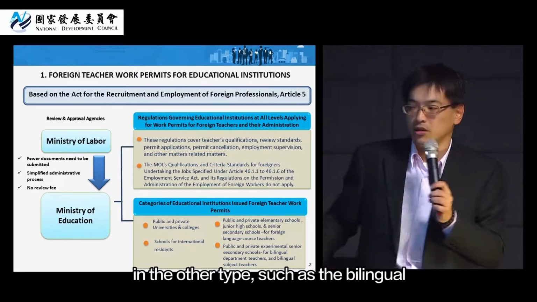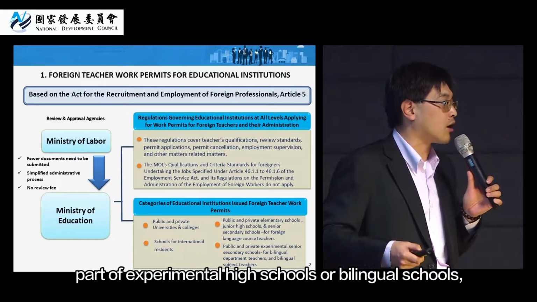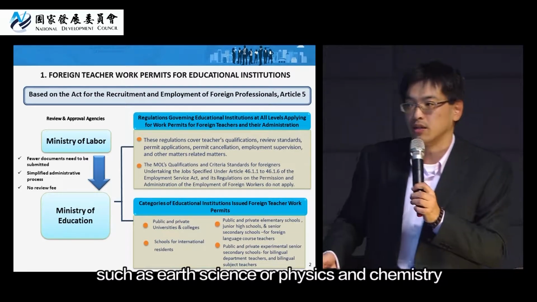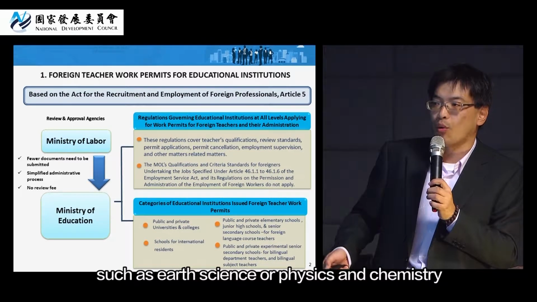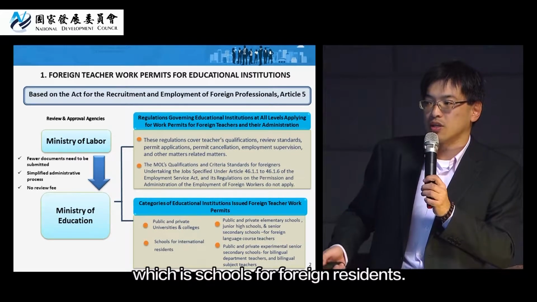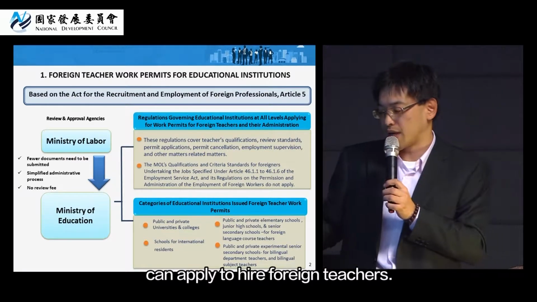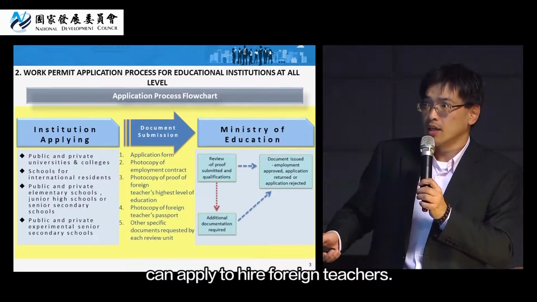In the other type, such as the bilingual part of experimental high schools or bilingual schools, foreign teachers can teach subjects such as earth science or physics and chemistry, as well as foreign languages. There's also another type, which is schools for foreign residents. Any of these 4 types of schools can apply to hire foreign teachers.